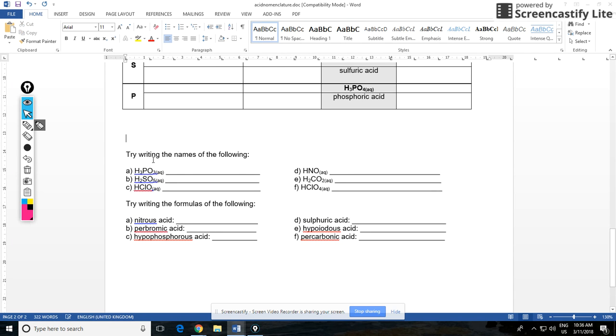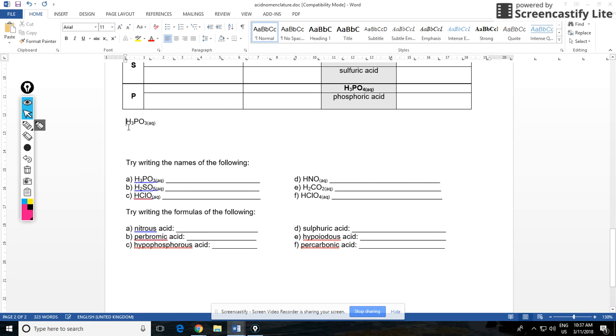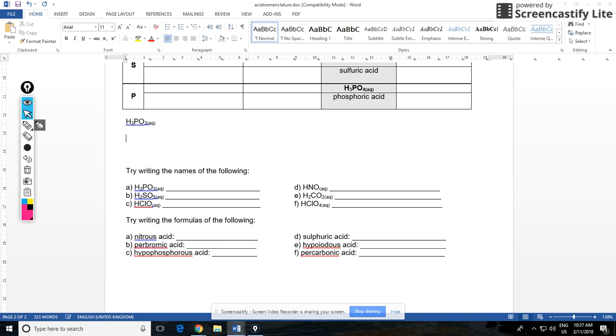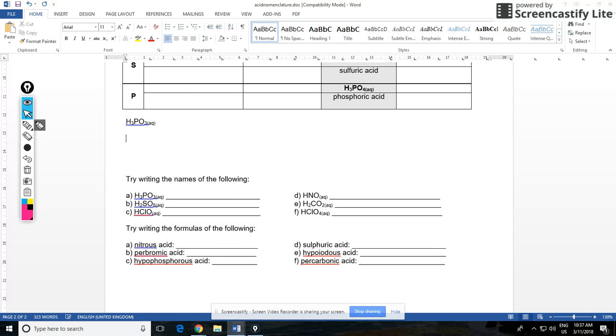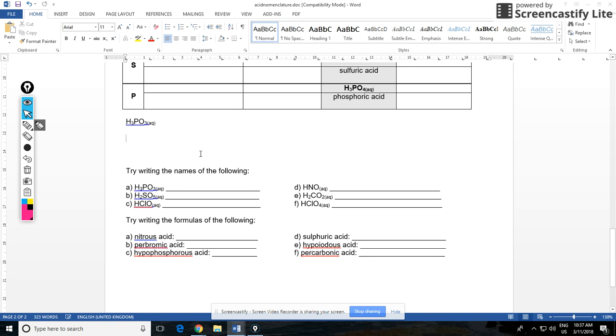So let's take a look at H3PO3 AQ. So again, your first step is to realize this is not a binary acid, it's an oxy acid. So you have to take a look at what your polyatomic ion is. You have PO3. Since you have PO3, you can probably recognize that this is from PO4, from phosphate, but it's one below PO4.